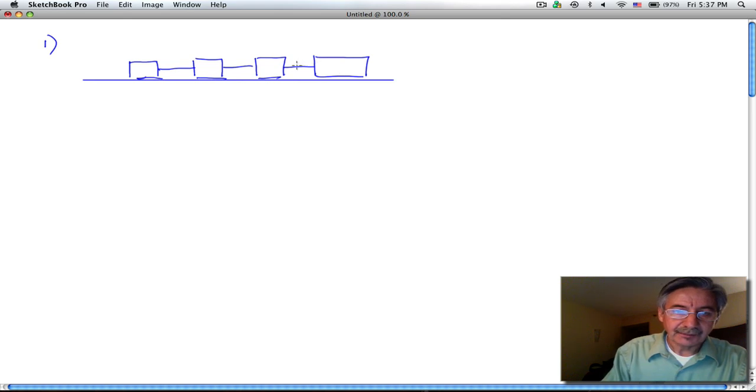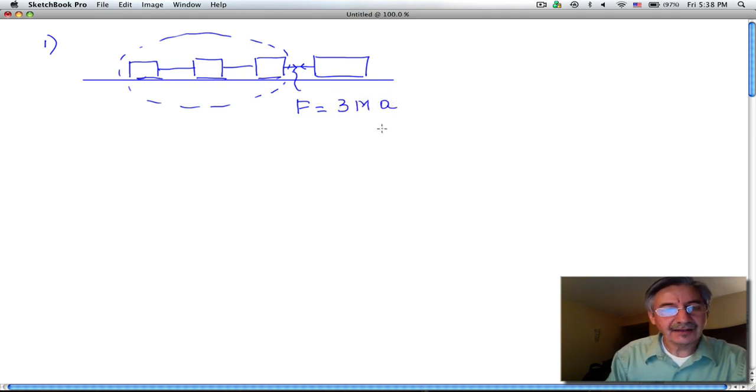For example, if you want to calculate the tension here, the tension here of course is equal and opposite to the one that pulls this one and it pulls back on this one. And this one, this force here, this tension here is equal to this total mass times the acceleration.